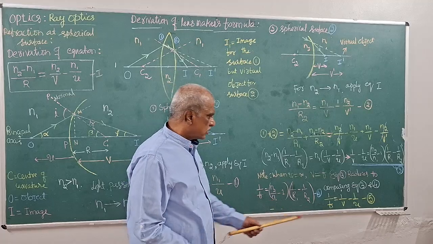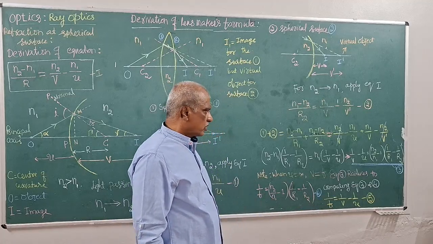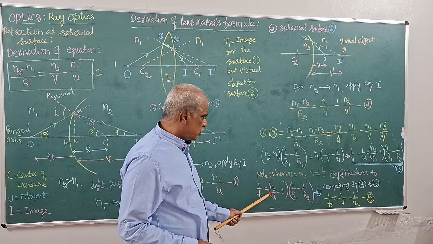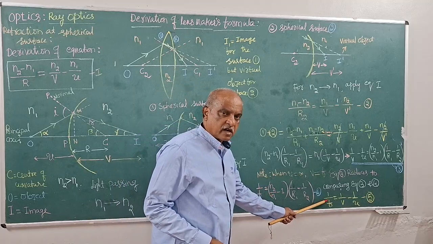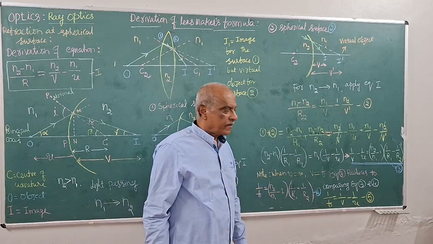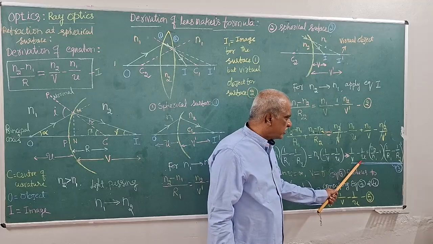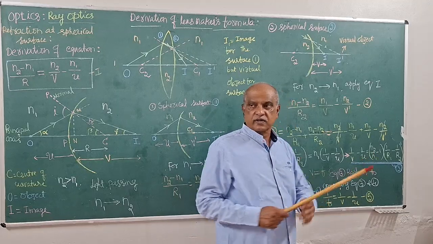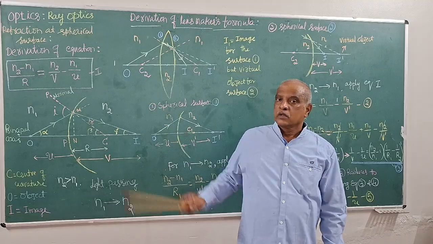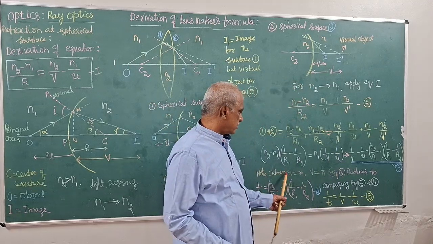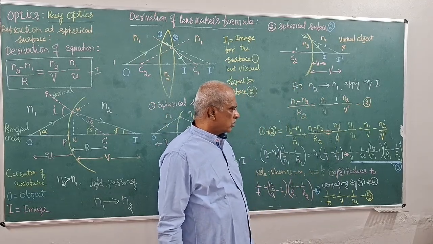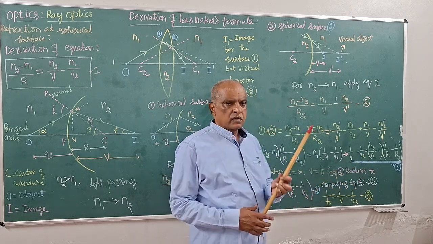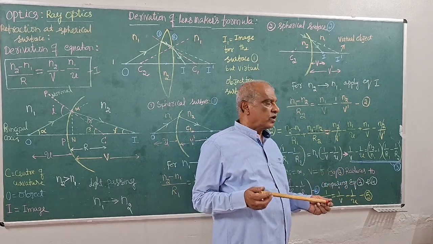These two equations are for the object at infinite distance, and this is the equation for the object at a finite distance. So all these three equations are the lens maker's formula.